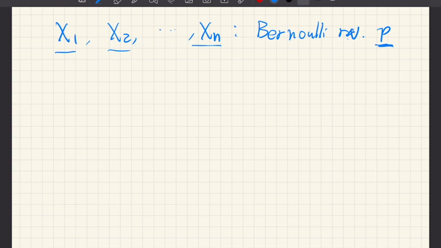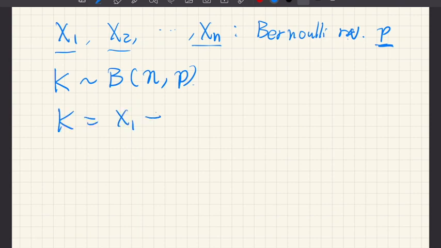Then if k follows a binomial distribution with parameters n and p, that means k can be expressed as the sum of these Bernoulli random variables.